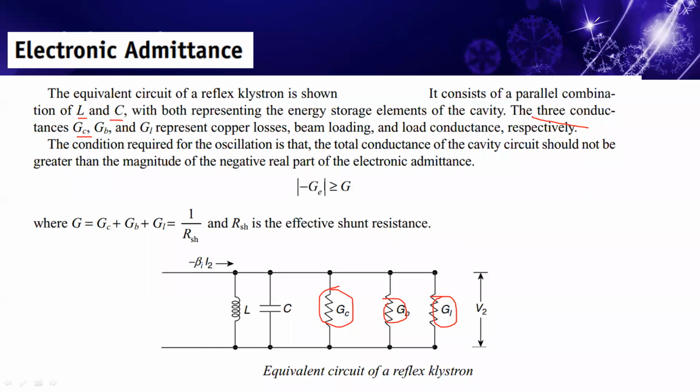These are the three individual conductances: C for copper loss conductance, B for beam loading conductance, and L for load conductance.